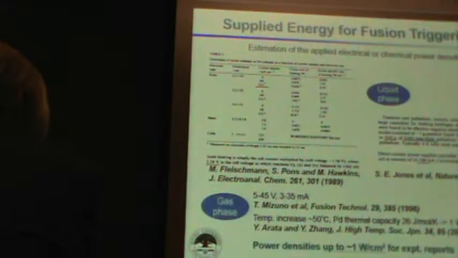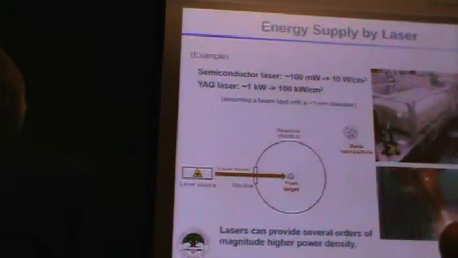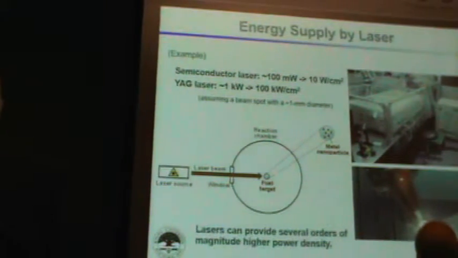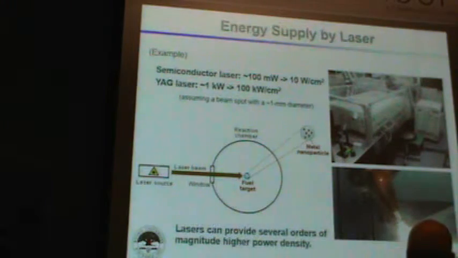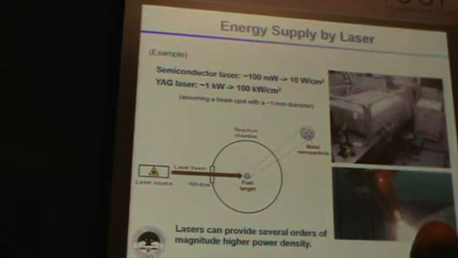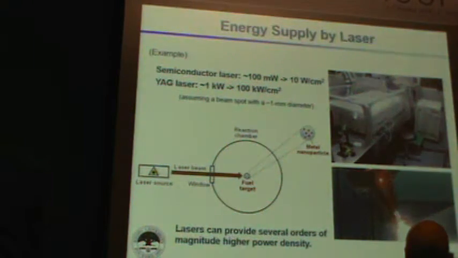Probably you can raise your hand if you apply much more. We can apply much more power by utilizing lasers or such optical techniques, because even with conventional, well-established semiconductor lasers, we have a couple of magnitudes higher intensity because the laser light is very focused locally.